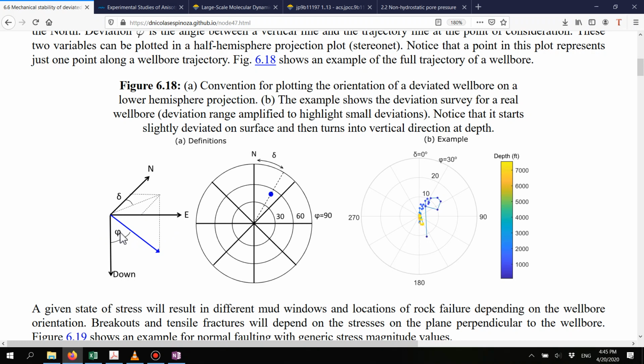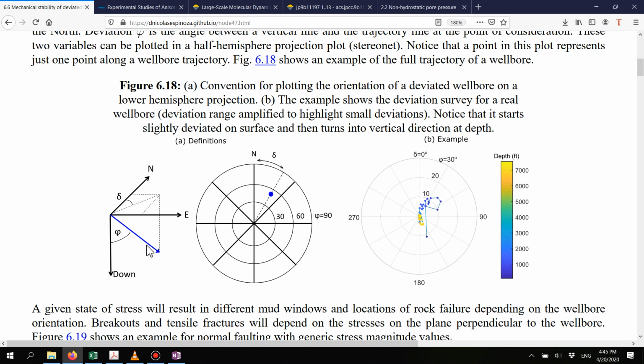And the deviation angle is going to be the angle between the vertical direction and the orientation of the wellbore. For example, a deviation equal to 0 is a vertical wellbore. A deviation equal to 90 degrees means that that's a horizontal wellbore.